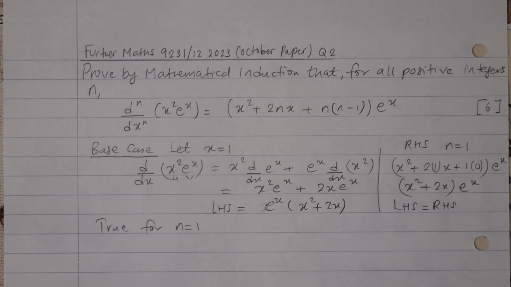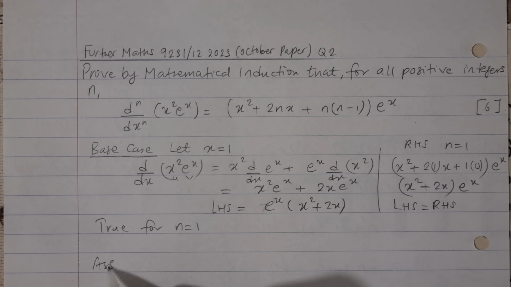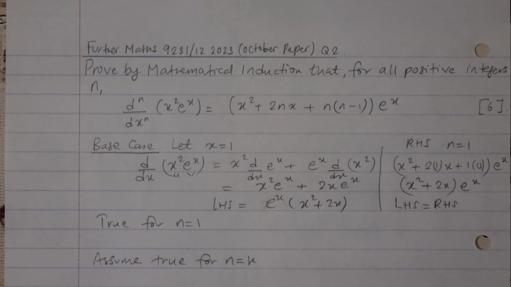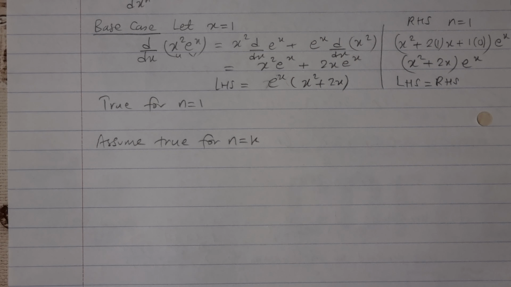So this was the base case. Now what is our assumption? We're going to assume it is true for n equal to k. If we do so, then we just substitute k into the equation.